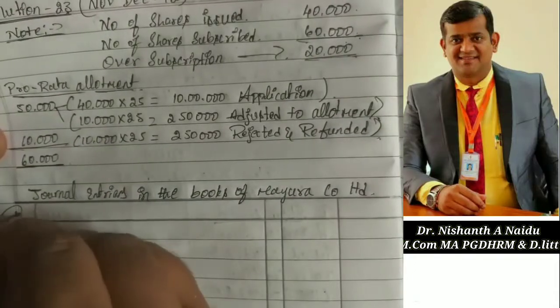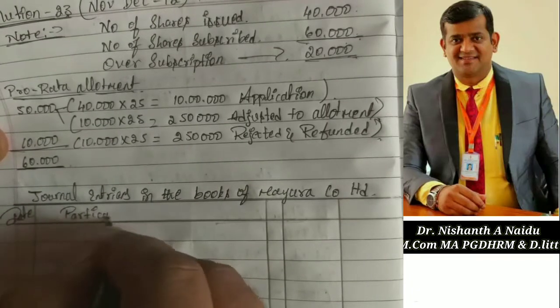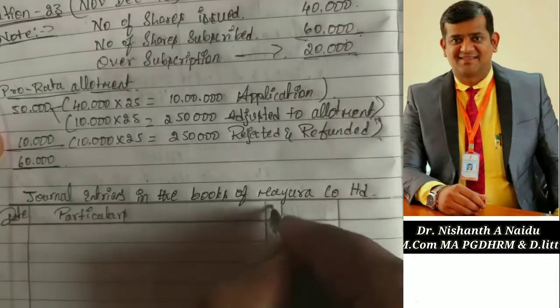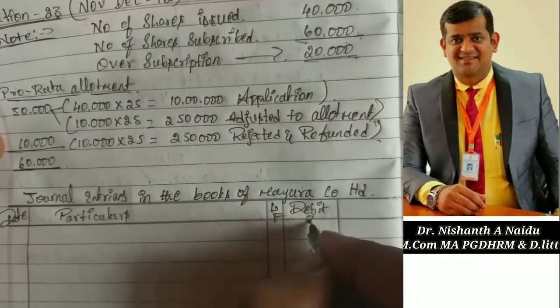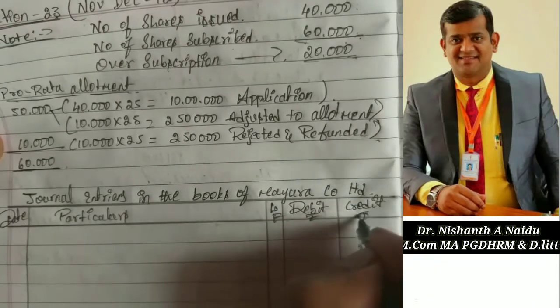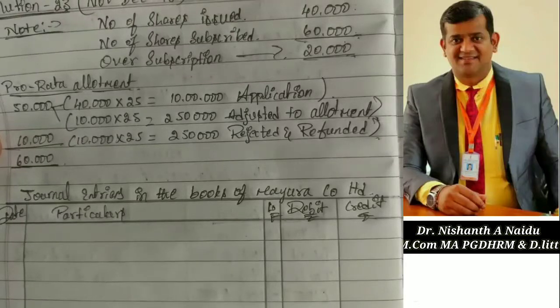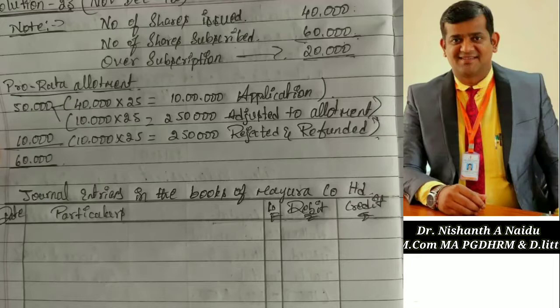So write date, particulars, LF, debit rupees, credit rupees. Okay, so date, particulars, LF, debit rupees, credit rupees.